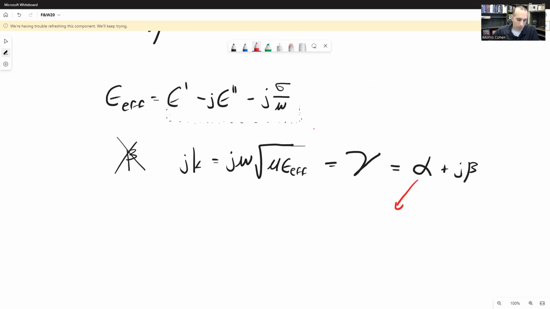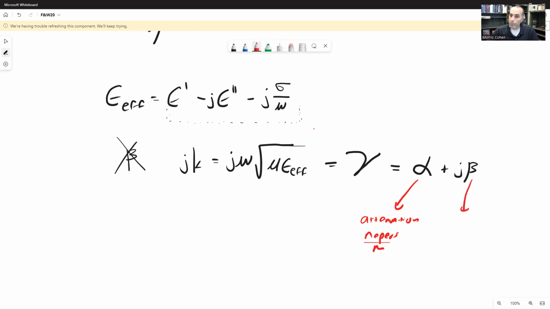The real part will determine the attenuation in units of nepers per meter, where a neper is a single reduction by a factor of e.